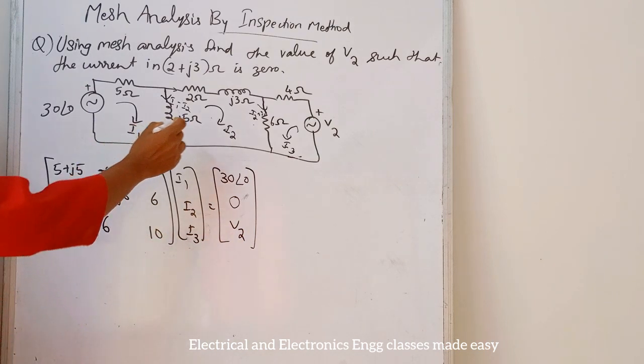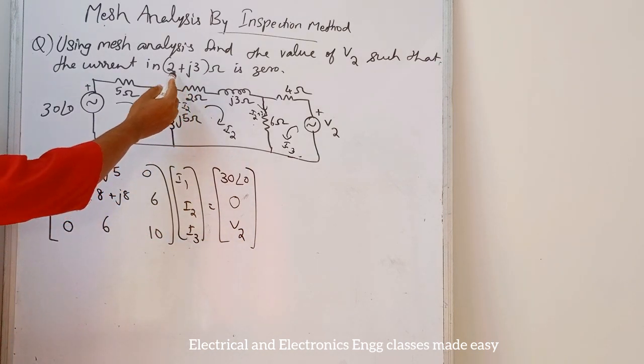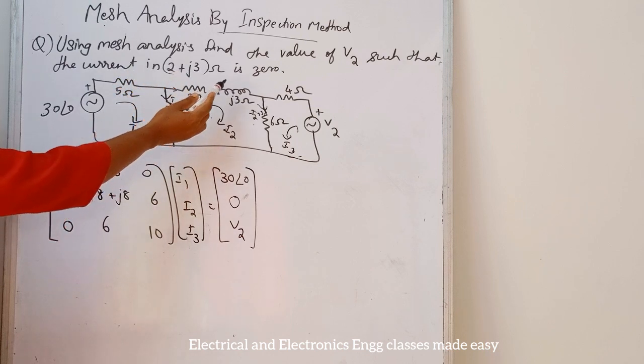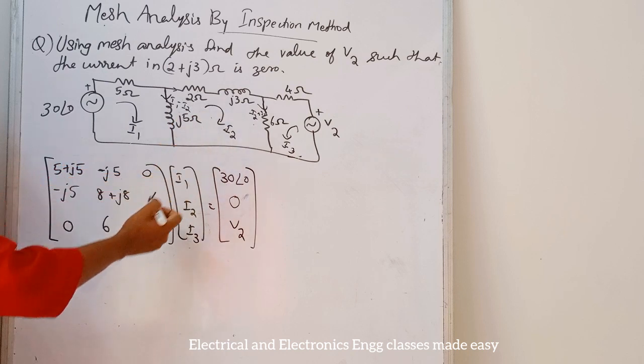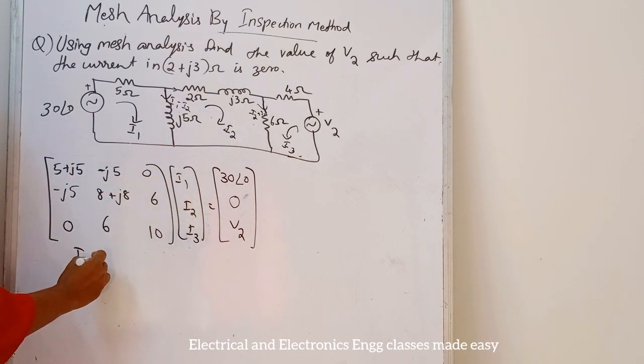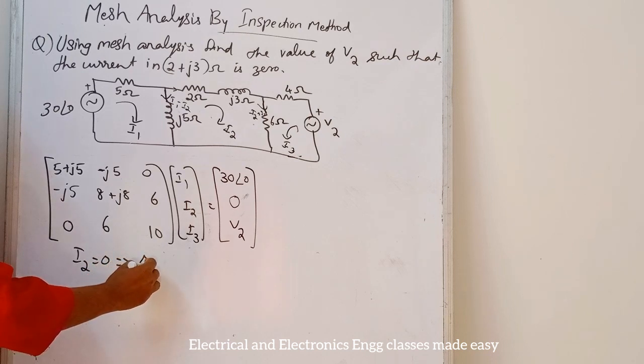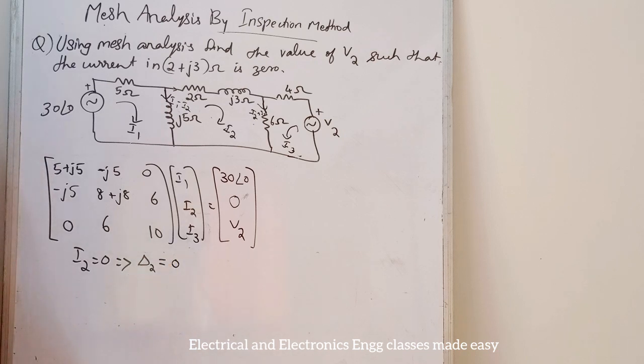Now it is given that the current in the 2 plus J3 ohm is 0, means I2 is equal to 0. I2 equal to 0 means delta 2 divided by delta is 0, that is delta 2 is equal to 0.